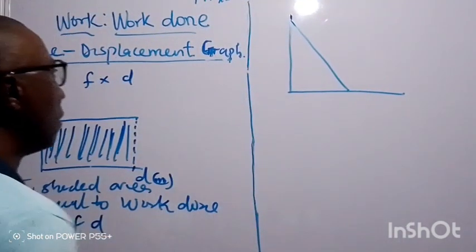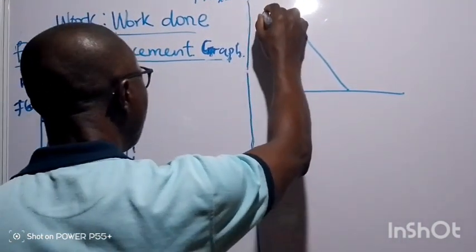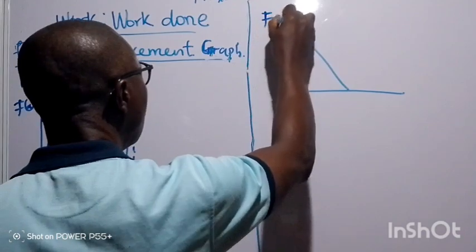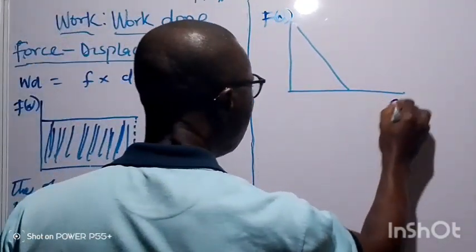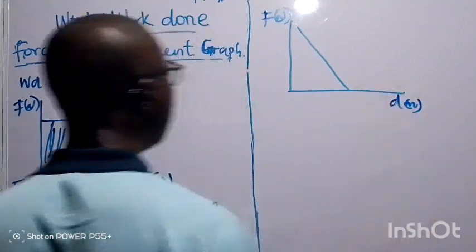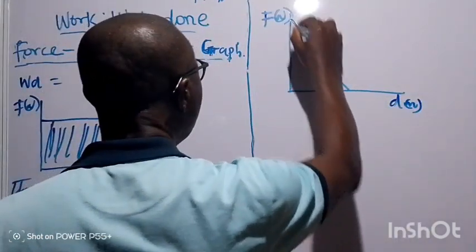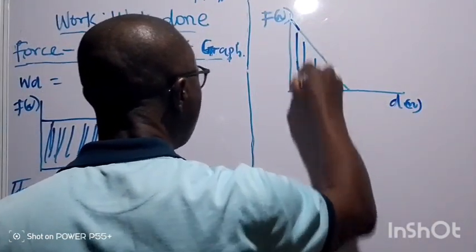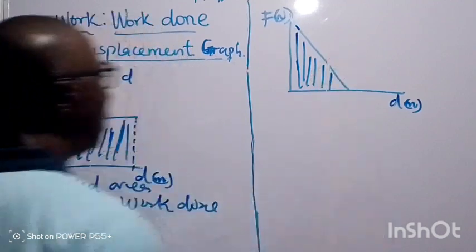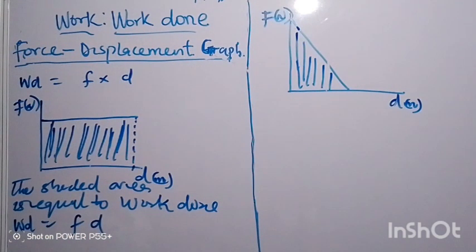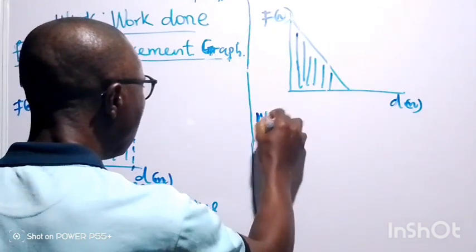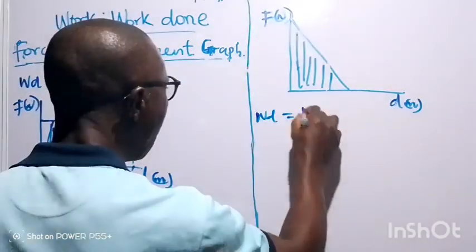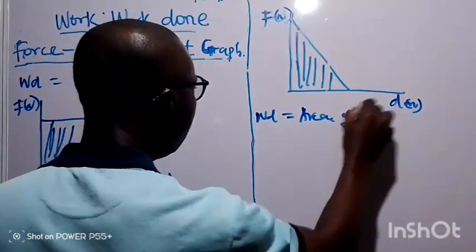This is a triangle now. Also, as I said from the beginning, force will be on the vertical axis, then displacement will be on the horizontal axis. Now, the area under this force displacement graph is a triangle. So you can say work done will be equal to the area of a triangle.